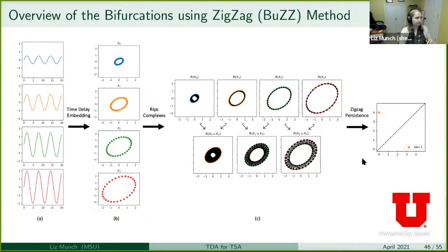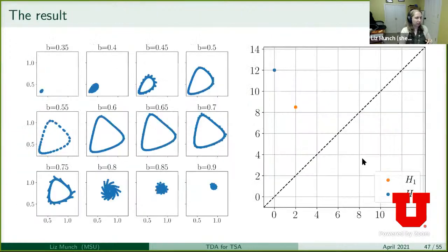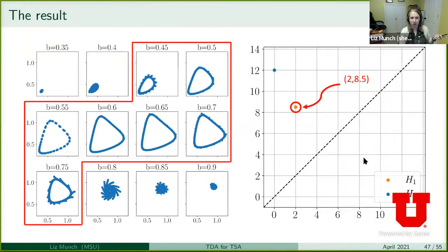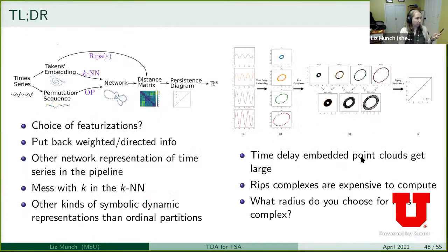Okay. There's lots of things that we want to do because, as with everything, there's always more stuff to do. So we're messing around with other choices of featurizations. The thing I'm playing with the most right now is how to put back weighted and directed info based on these network guys, but also trying to combine some of these network representations with these zigzag module representations to see if we can clean this up, because zigzag is notoriously bad to compute.